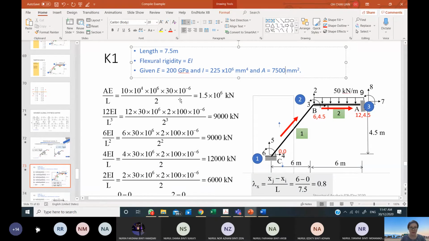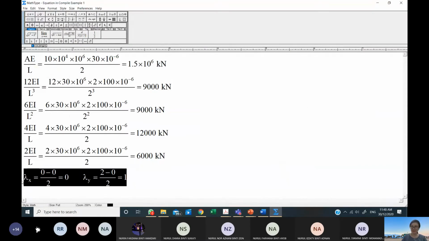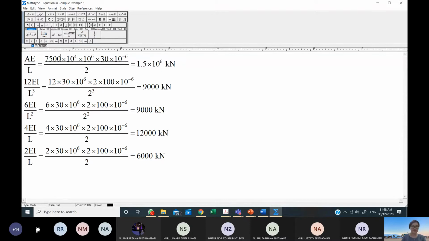Okay, let me open it. We have this done. Area is 7,500. Everything shall be changed to meter and kilonewton, so this will be 10 to the power of minus 6.